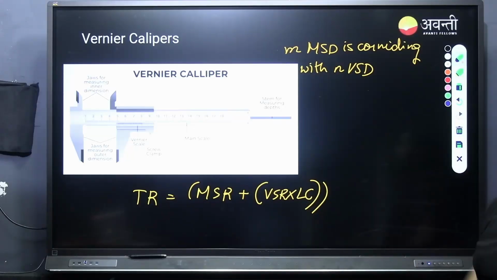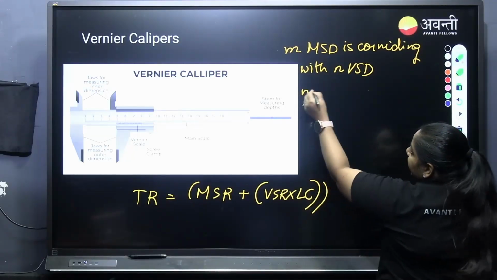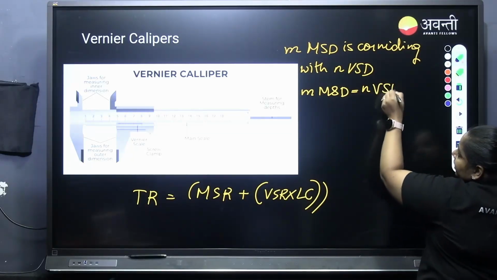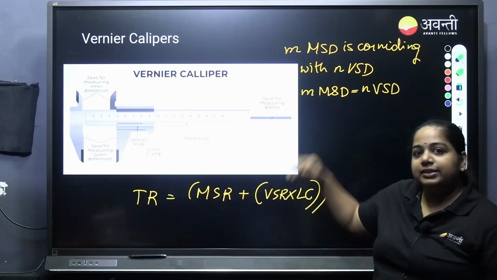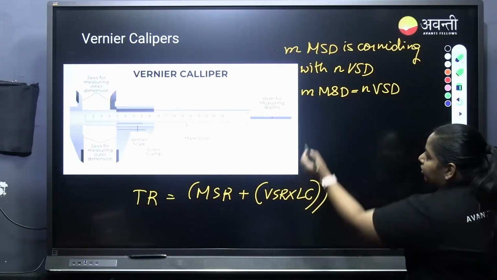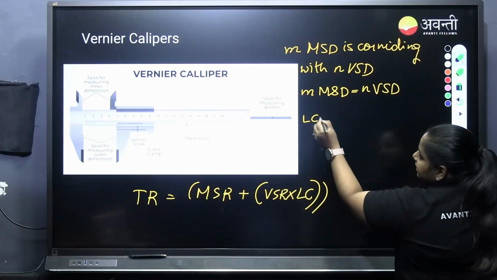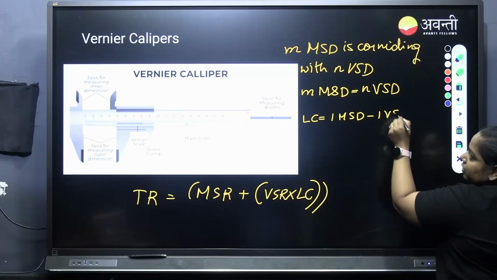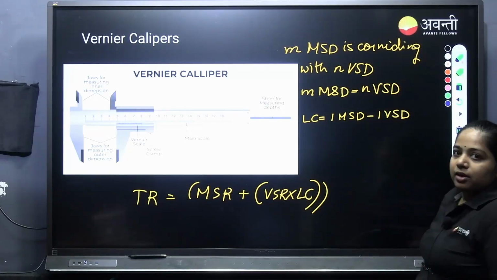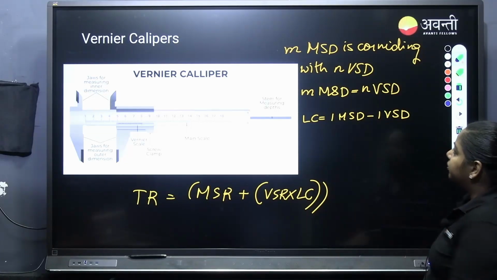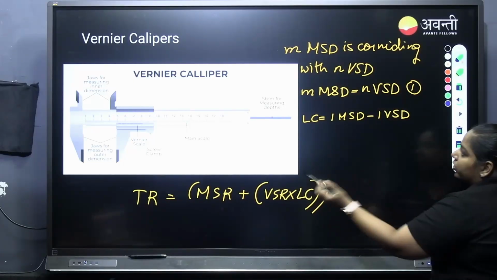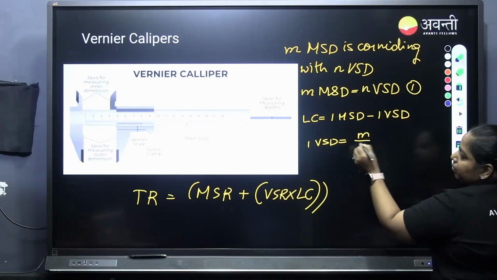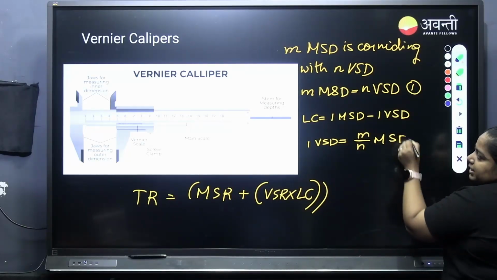So first you equate M MSD equal to N VSD. This is our first equation. Then another equation: least count equals 1 MSD minus 1 VSD. From equation 1, we get 1 VSD equal to M by N MSD.